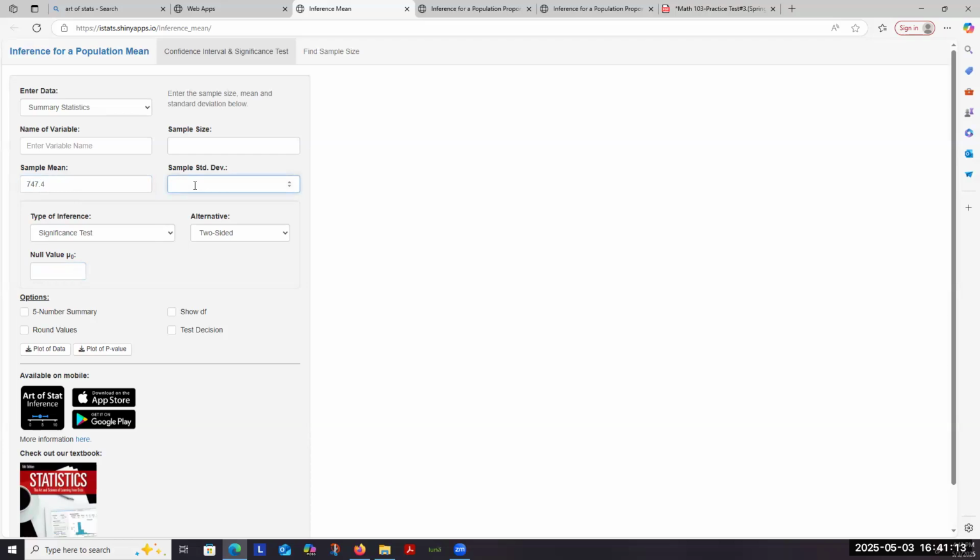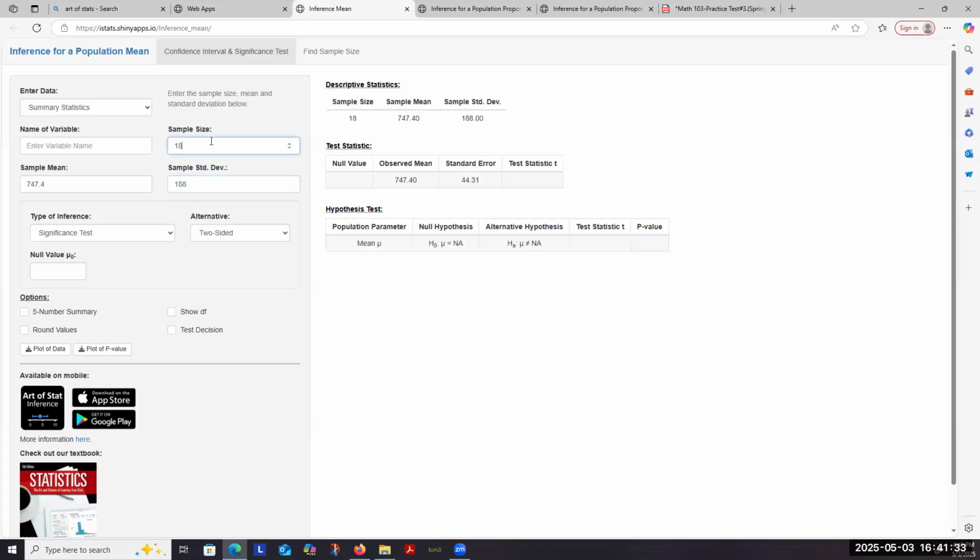You can use this one too, that gives you the same answer. You put the sigma, which is 188. So we need a sample size of 18.